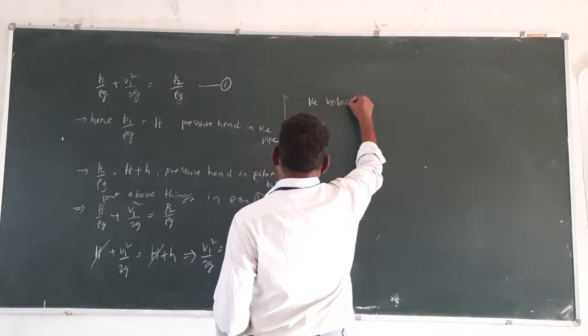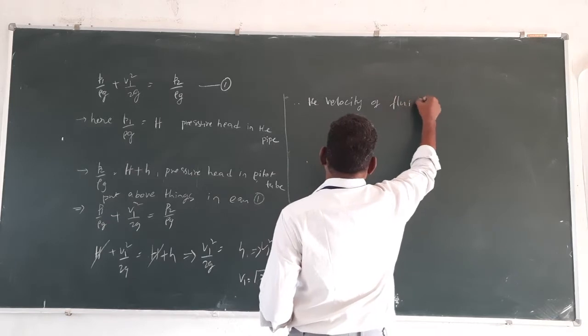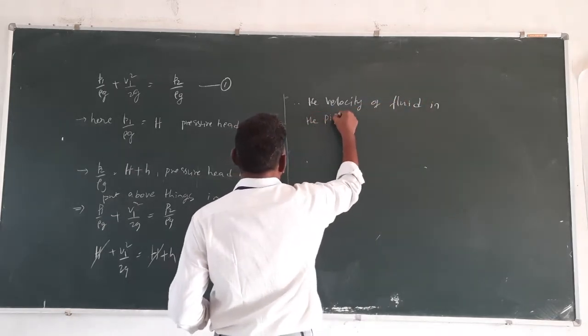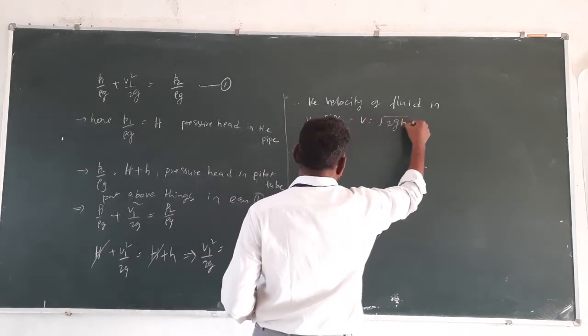The velocity of flow in the pipe is equal to square root of 2gh.